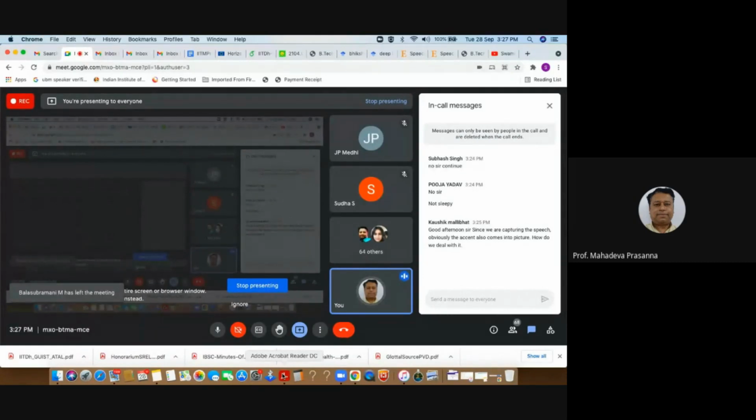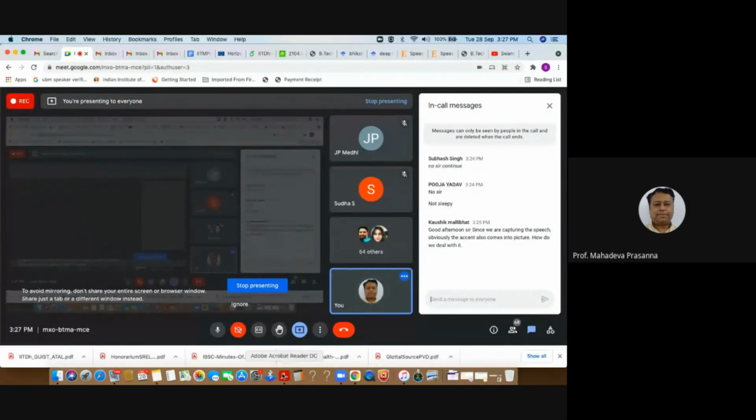If that is not there, absolutely there is no problem. When you are trying to train a model for identifying a particular biomarker, you are trying to emphasize that point by averaging out with reference to the accent.